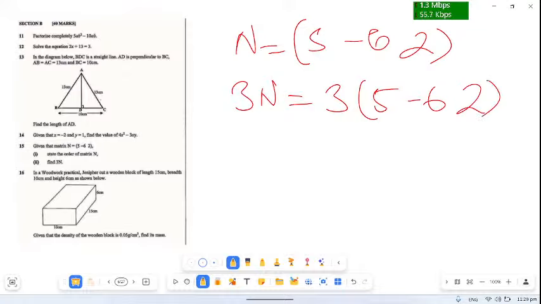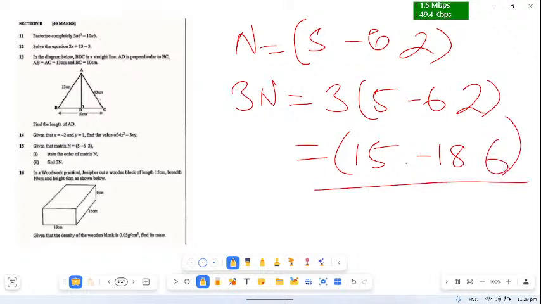Then what we do is we multiply every element in the matrix by 3. So 3 by 5 will give us 15, 3 by negative 6 will give us negative 18, 3 by 2 will give us 6. So that is the matrix, that is the value of 3n. If there are no questions, that's how you go about it.